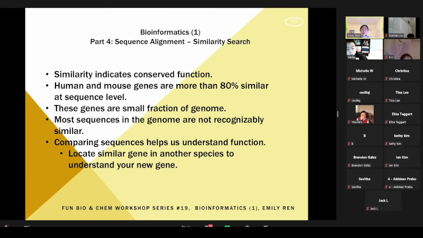So conserved functions are sequences in DNA or RNA that are basically preserved over several species.